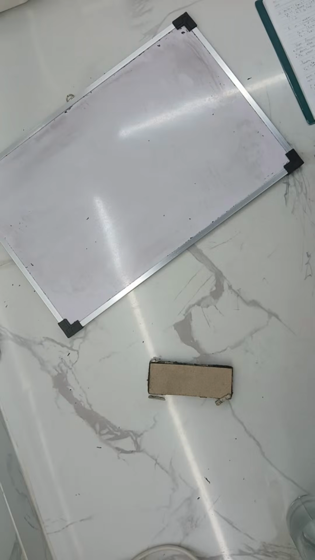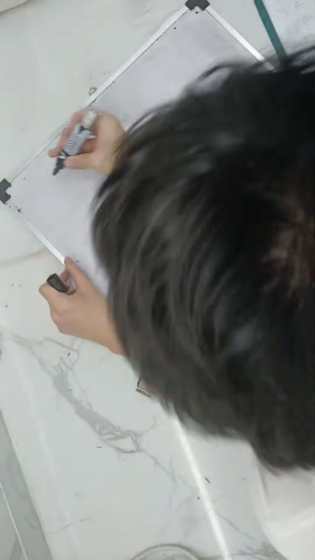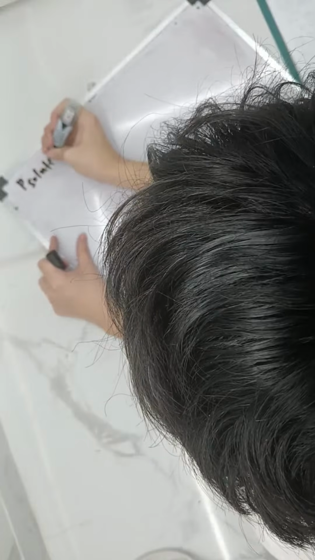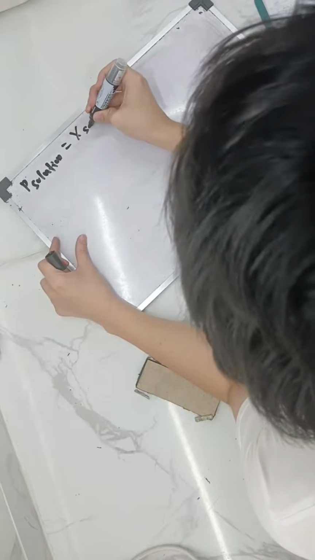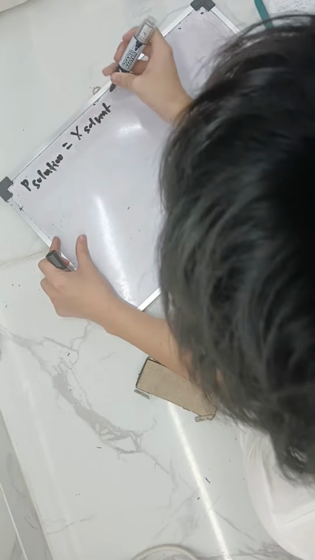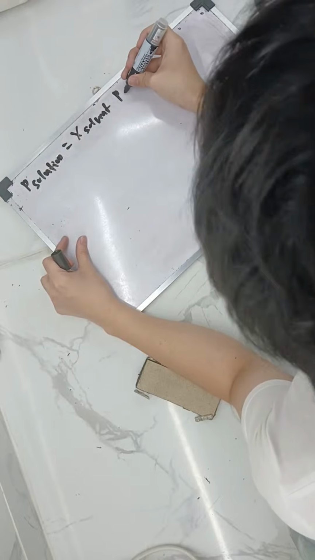Okay, so let's have the formula given here. It says that the vapor pressure of the solution is equal to the mole fraction of the solvent times the vapor pressure of the solvent.